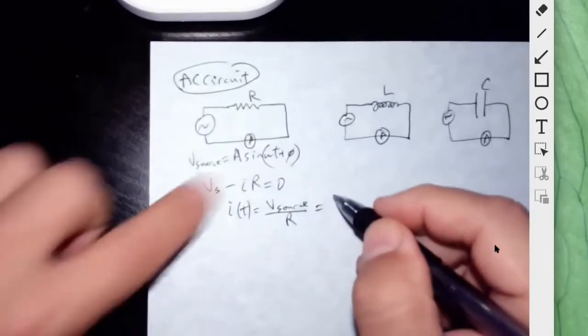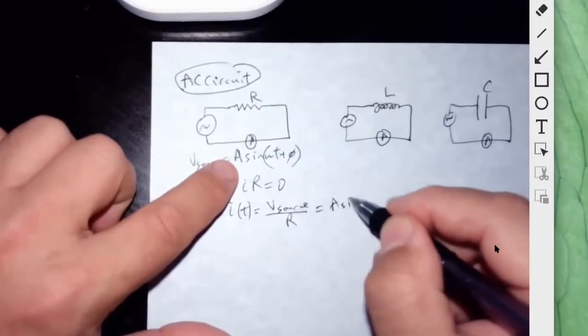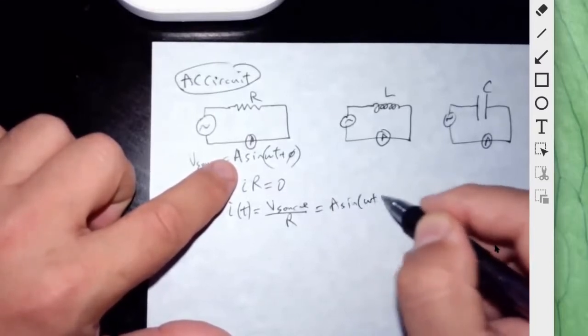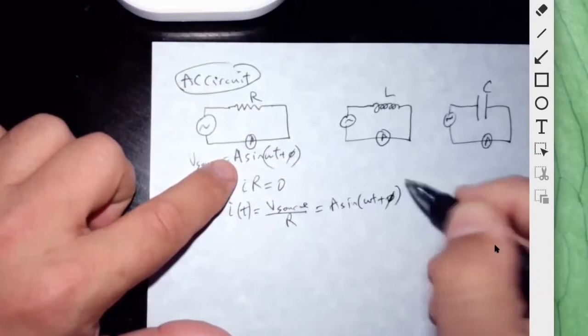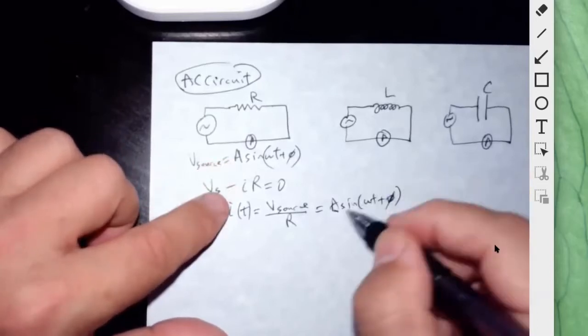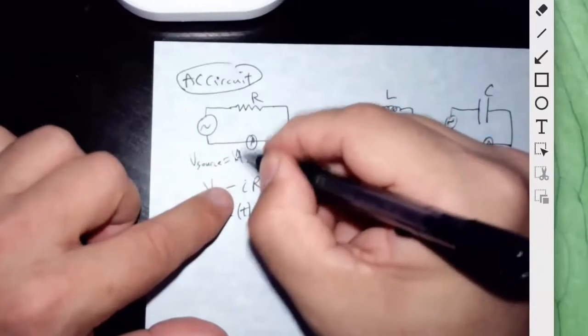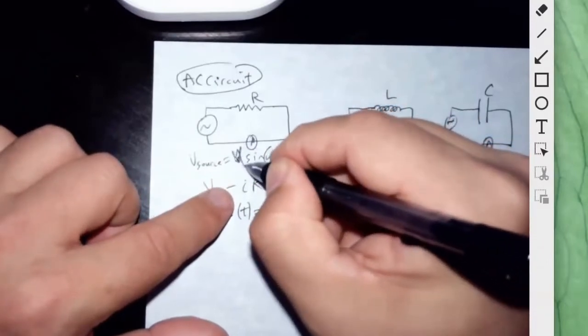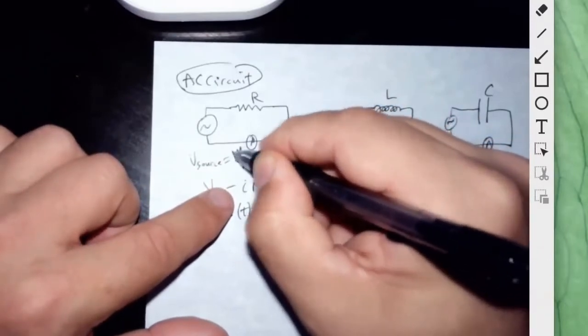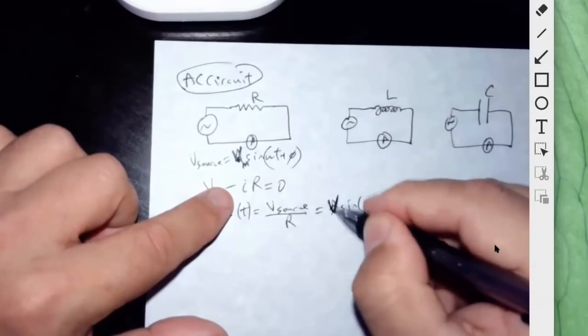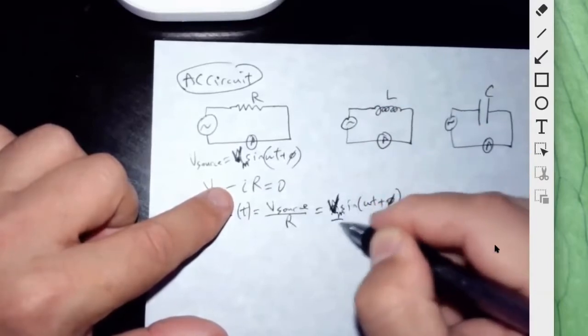So if the voltage of the source was A sine of omega t plus phi, instead of A, let's write this voltage max, Vm. So Vm over R.